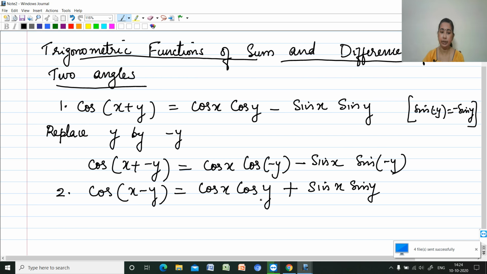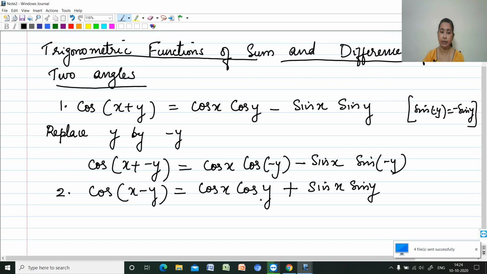So we will get cos of, instead of x it is pi by 2, instead of y it is x, equal to, same way here also we have to substitute: cos pi by 2 cos x, same way sin pi by 2 sin x. We are replacing x by pi by 2 and y by x.